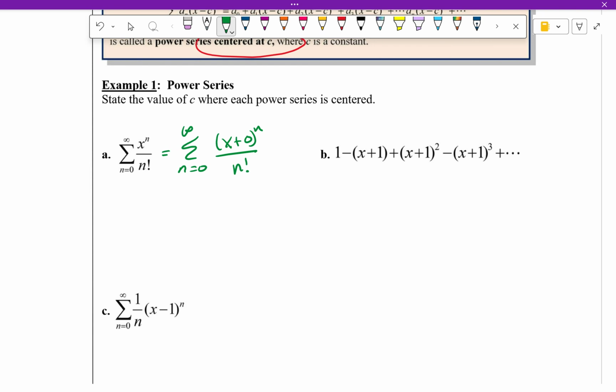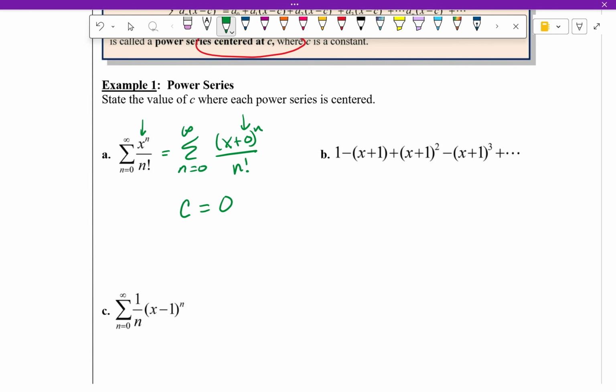So what's my center in that one? 0, right? I'm adding 0. I purposely put the 0 in because there wasn't anything with the x. I didn't have to do that. I could have recognized it was 0, but I just wanted to make sure we were clear on it, okay?